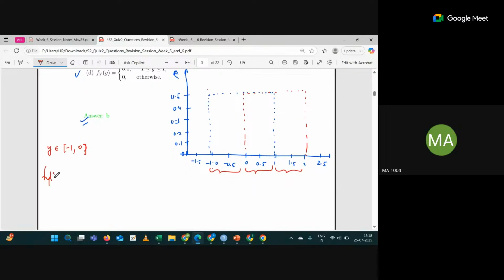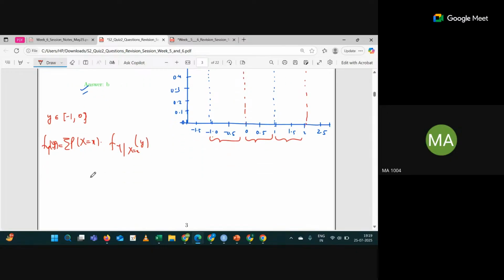We know how we calculate the marginal density: the probability of x times the conditional density, summed over x. Yes, that's the summation we are doing.